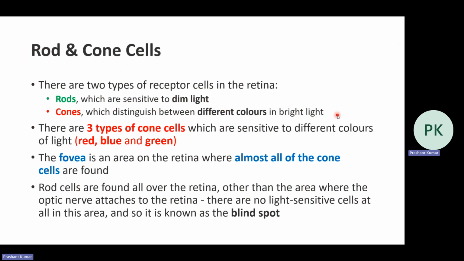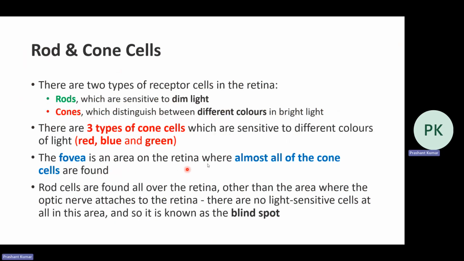Rod and cone cells. These are the magic cells which detect light. The rod cells are sensitive to dim light, whereas the cone cells are related to giving different colors. There are three types of cone cells which are sensitive to different colors: red, blue, and green.